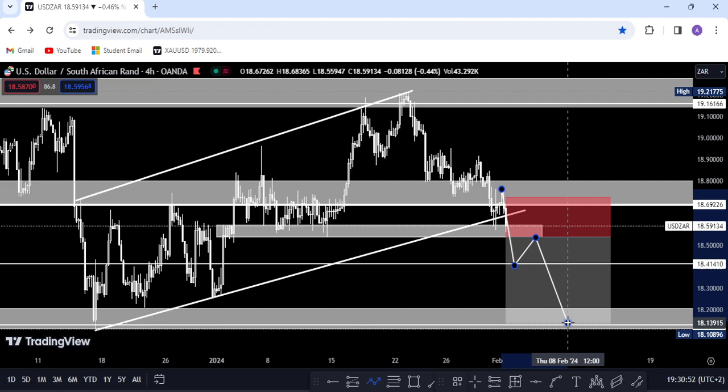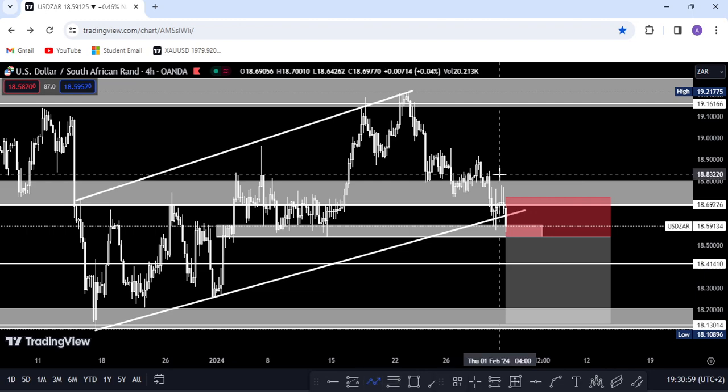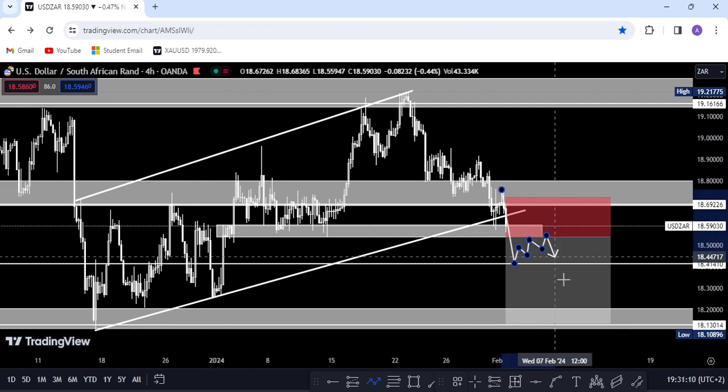However, things won't be this smooth for those who don't know anything yet. They won't just retest and go to the zone at first. They might come, hit this level, move back and forth, just to give you pressure.